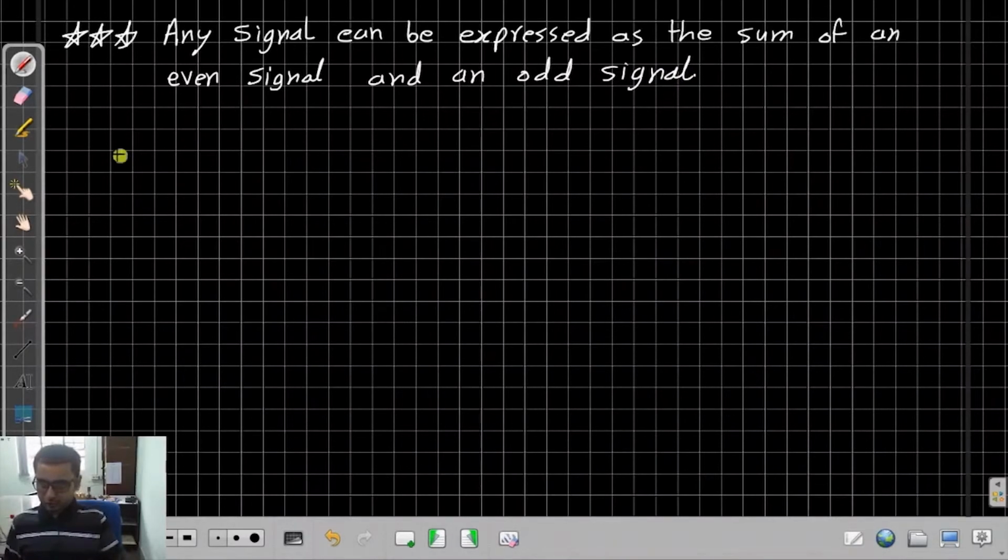Suppose some signal x of t is given, which is neither odd nor even.